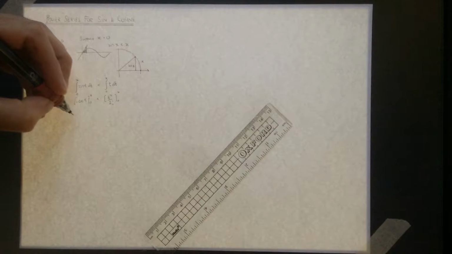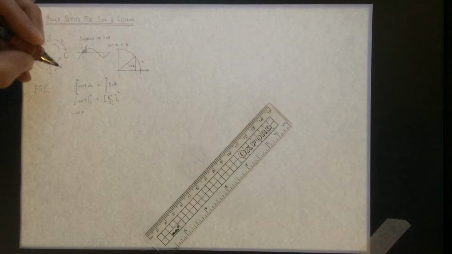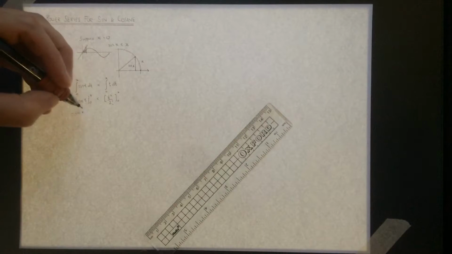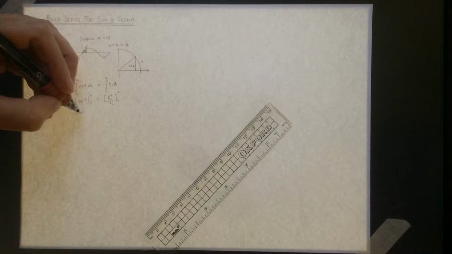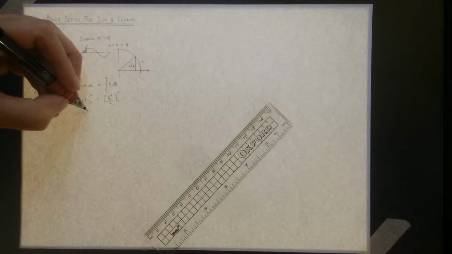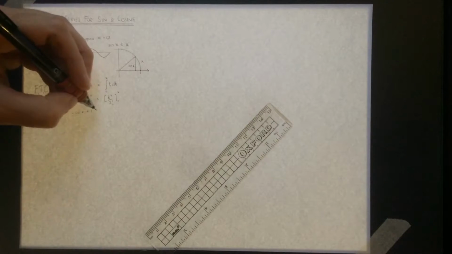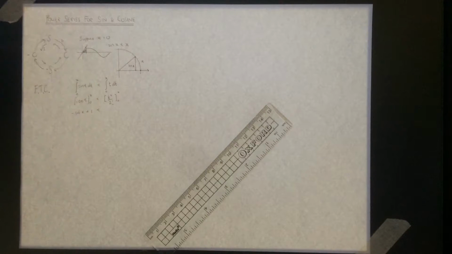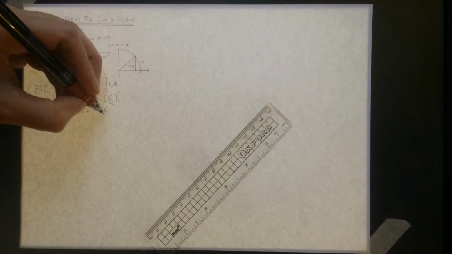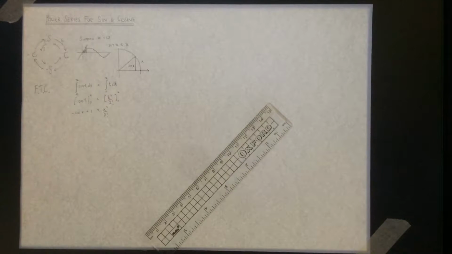And this is just minus cos of x minus minus cos of 0. Cos of 0 is 1, so we've got plus 1 is less than x squared over 2 factorial.